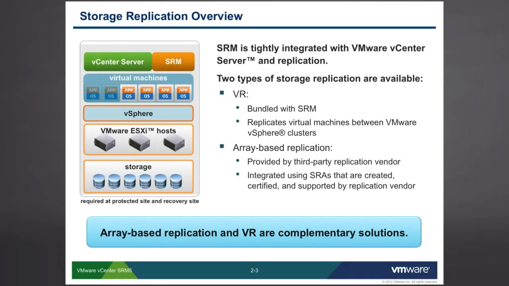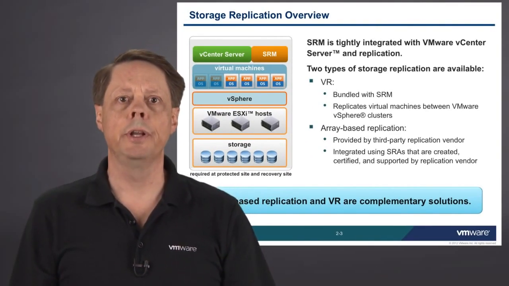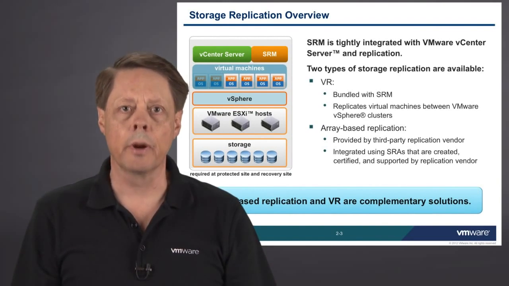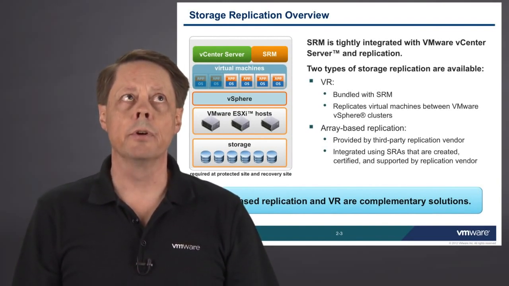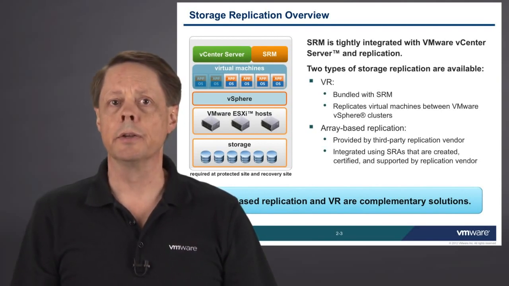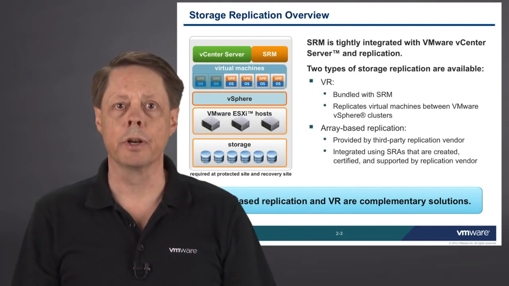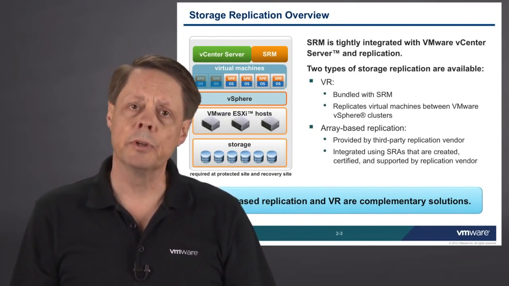Array-based replication and vSphere replication are considered complementary solutions, as you can see at the bottom of the slide. What that's really suggesting is that for some environments, adding your virtual machines to the array-based replication is leveraging some fairly expensive environment. The idea is that the most critical of our systems, those that have the shortest replication intervals, those that need to be replicated the most frequently, should probably be supported by array-based replication.